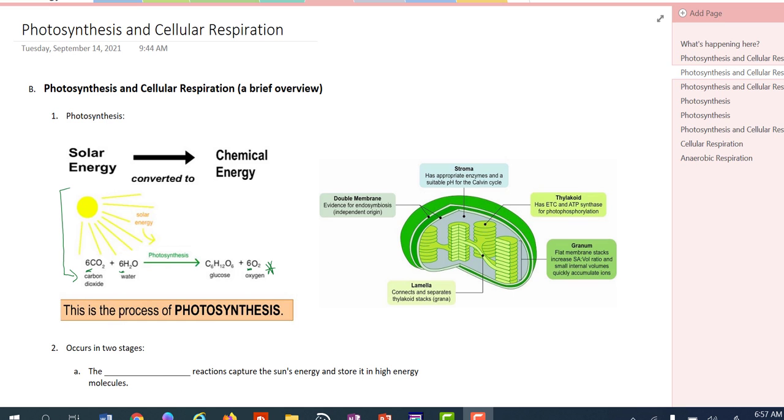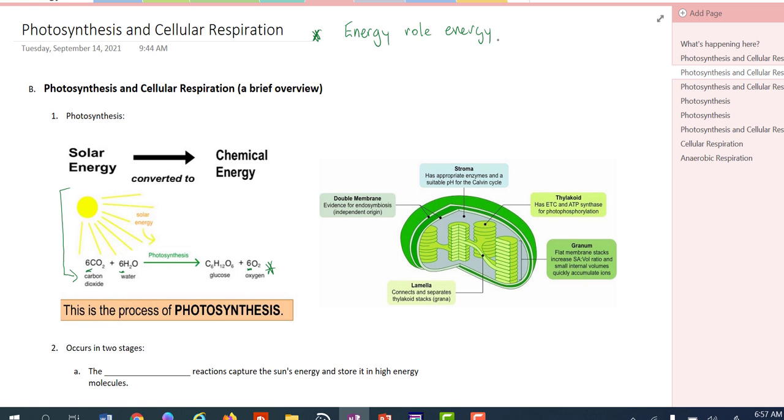So what I'd like to emphasize is that we began this chapter by talking about energy and the role energy plays within our cells in terms of carrying out the various activities that keep that cell functioning and ultimately the organism functioning.